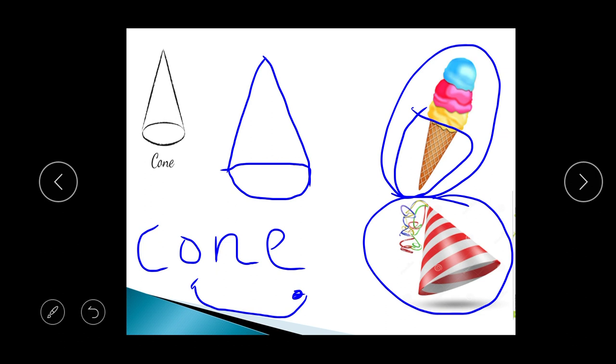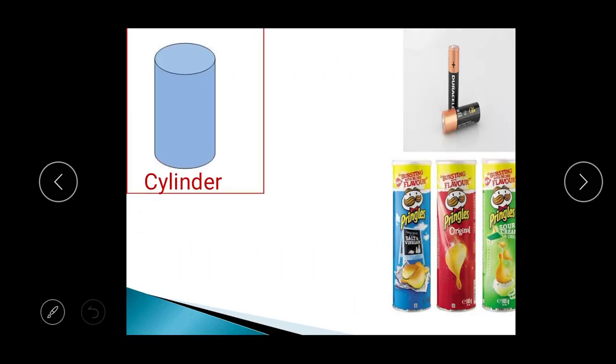So that is cone. And the final 3D shape that we'll be learning today is cylinder. Yes, a cylinder shape is so big and tall. What are the examples of objects that come in the form of a cylinder?